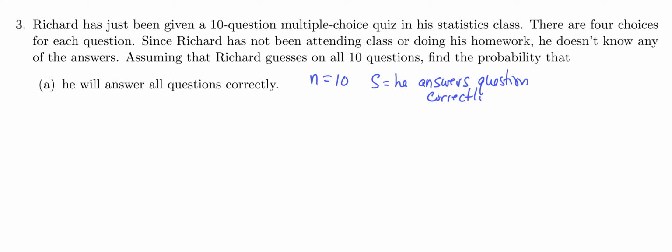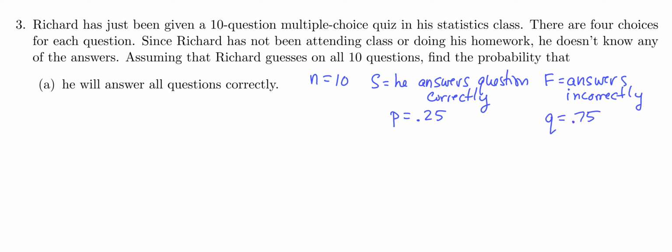The probability of success is 0.25, since there are 4 choices. Failure is that he answers incorrectly. Probability of failure is 1 minus 0.25, or 0.75.